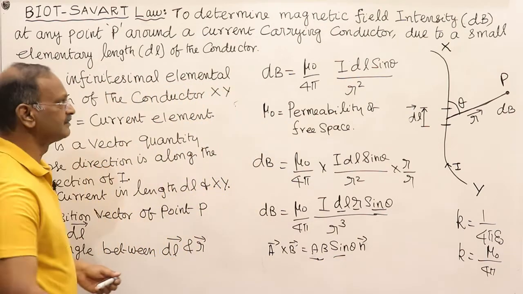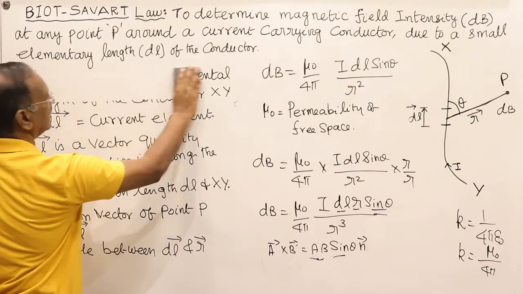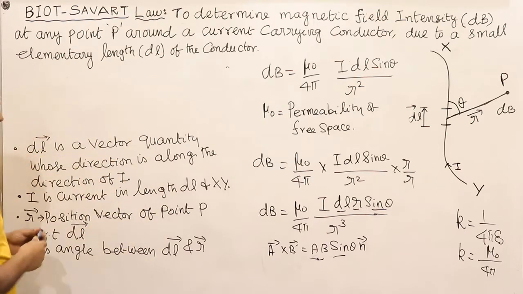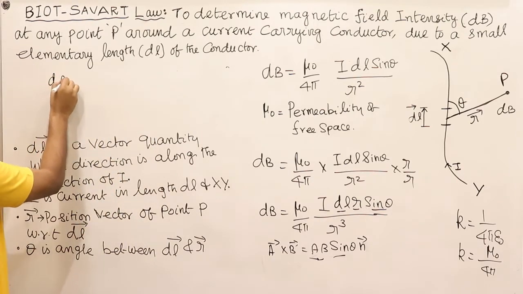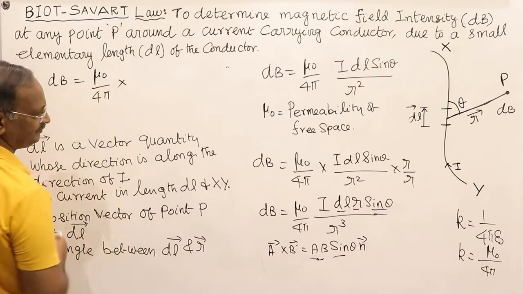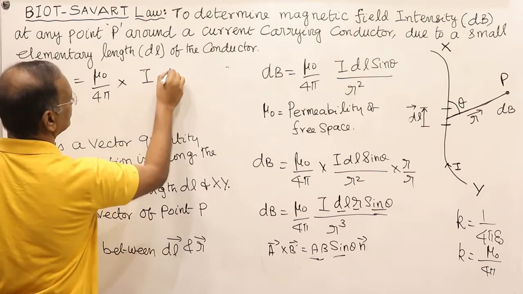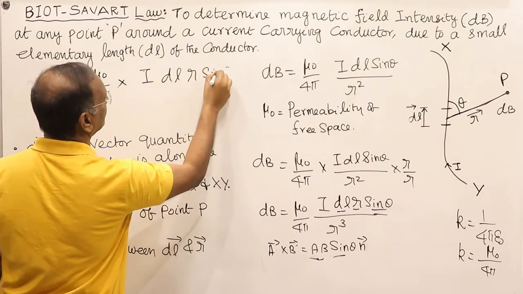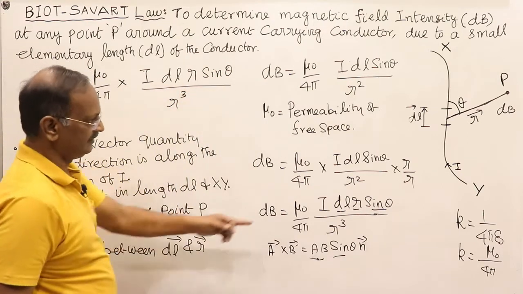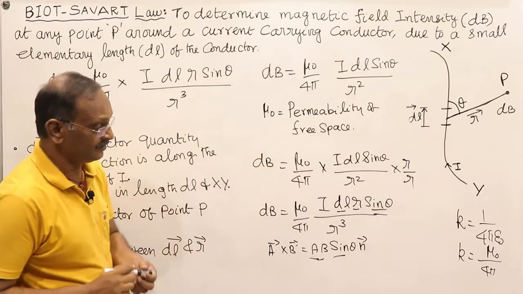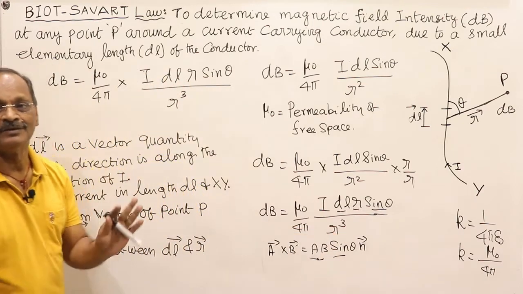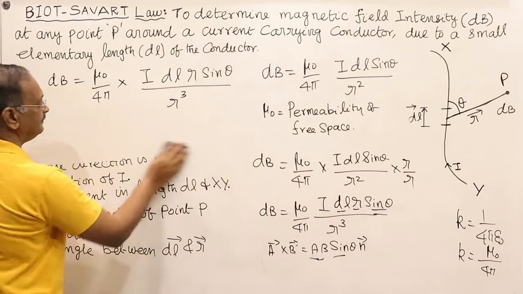So this can be expressed in vector form like this. dB is equal to mu naught by 4 pi, as it is, into I into dl into r into sine theta divided by r cube. See, one r is added, r cube. Don't get puzzled how here it is r square and here r cube has come.